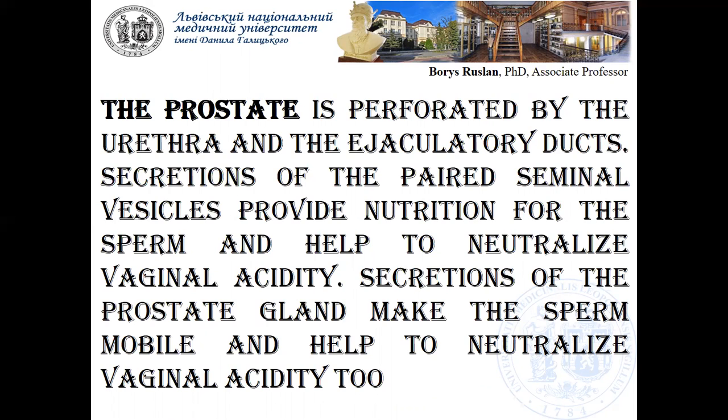And the secretion of the prostate gland makes the sperm mobile and helps to neutralize vaginal acidity too. What about the more functions of the seminal vesicles? Seminal vesicles actually produce the liquid for sperm, and the prostate regulates the release of spermatozoa.